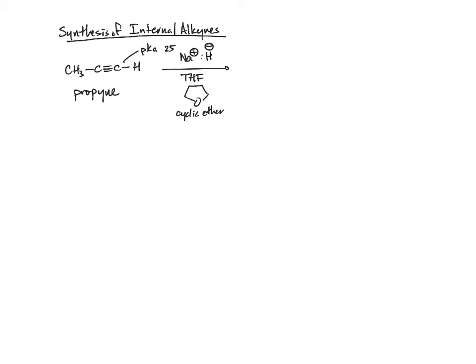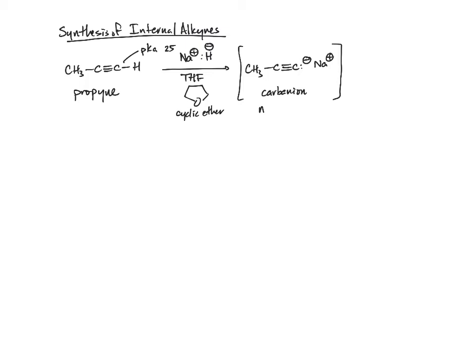And that's going to effect an acid-base reaction to generate the negatively charged sp hybridized carbon. So this is a carbanion. I'm just going to put a bracket around this because we're forming that in solution.